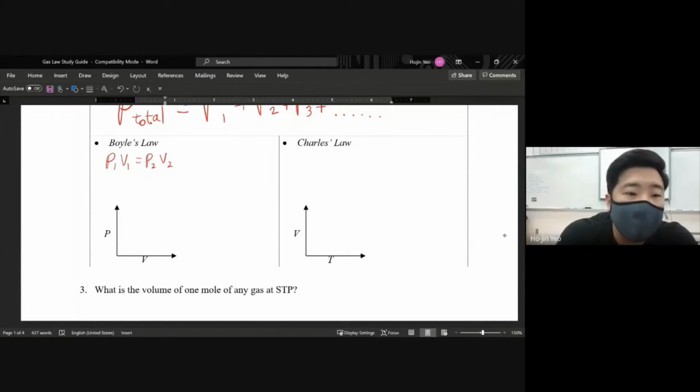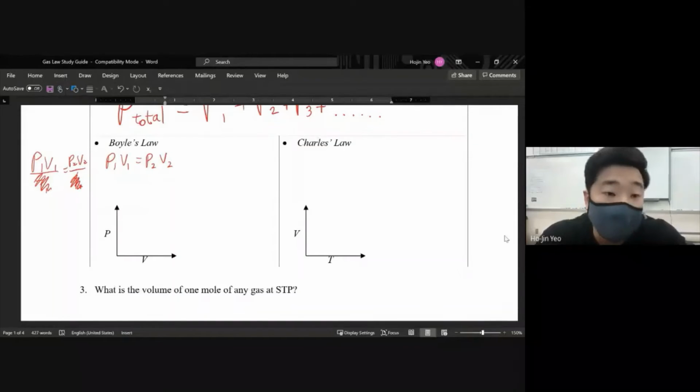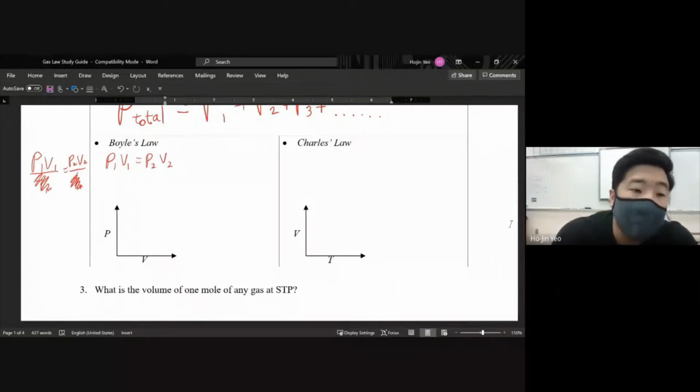If you remember from our combined law, just by taking out the temperature, since it doesn't mention anything about temperature, there is your Boyle's law. This is another easier way to figure out what Boyle's law looks like.